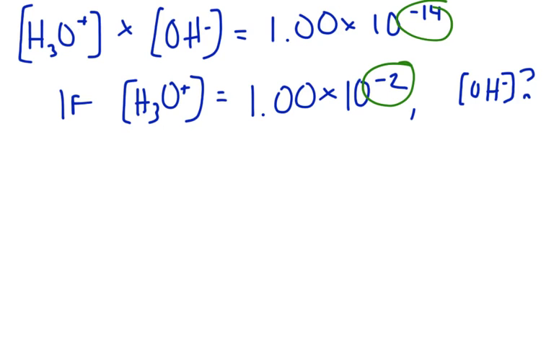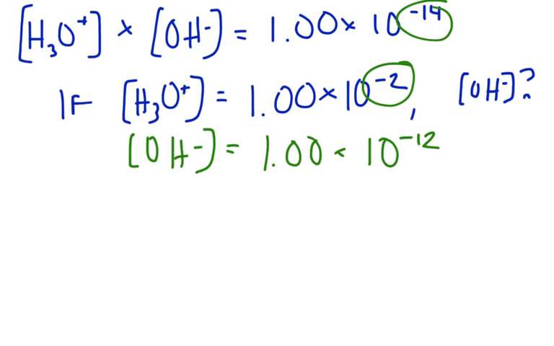When you multiply things with scientific notation, what you're really doing is adding the exponents. Trust me on this one. So if this one is a negative 2 and put together is a negative 14, then the OH minus has to be 1.00 times 10 to the negative 12. And the reason that's true, 12 plus 2 makes 14.